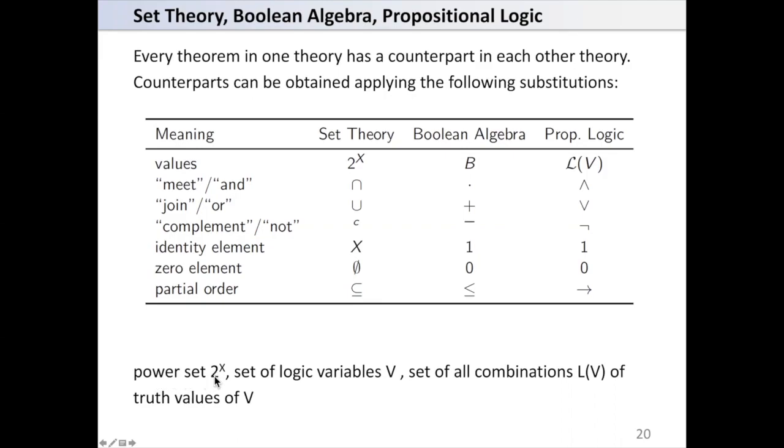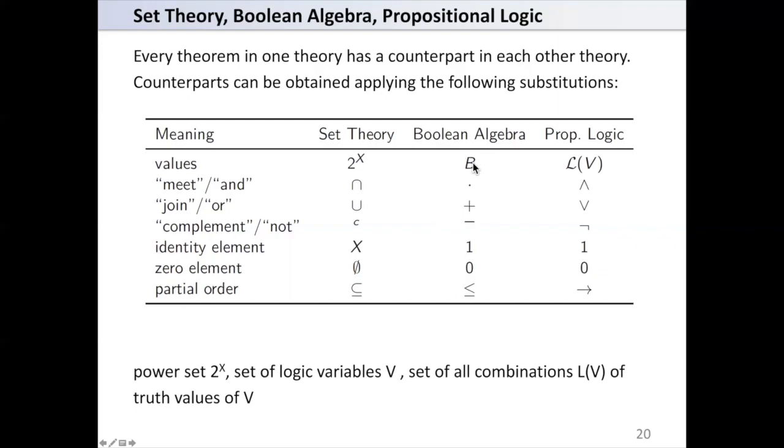Power set 2 to the power x, set of logic variables V, and set of all combinations of truth values of V. So here in set theory, all the values are the power set 2 to the power x.